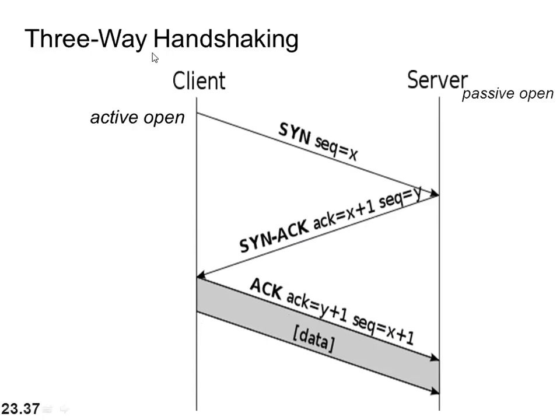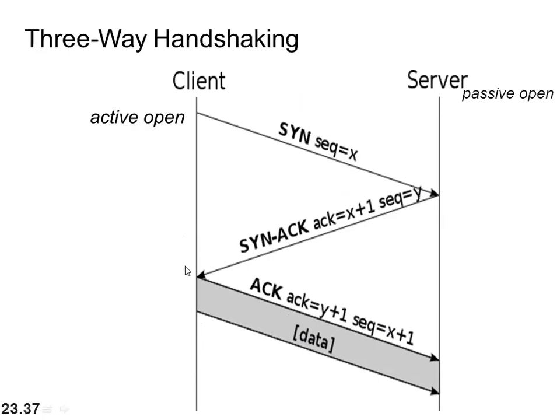So once this connection is established, the data transmission will take place. Why this is called three-way handshaking is, before actual data transmission, three communications took place. The first time, the client is sending a synchronization packet to the server. The second time, the server is again confirming and sending the acknowledgement, which means it is sending a synchronization packet with the acknowledgement.